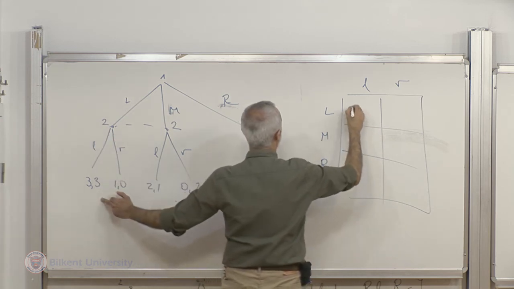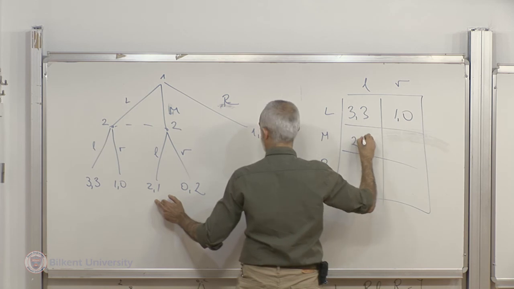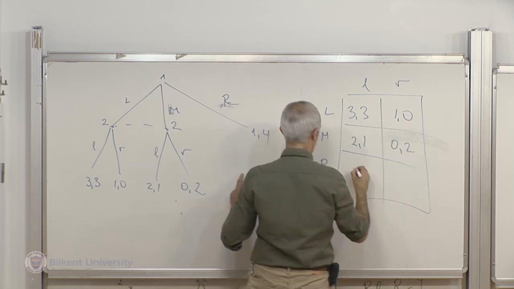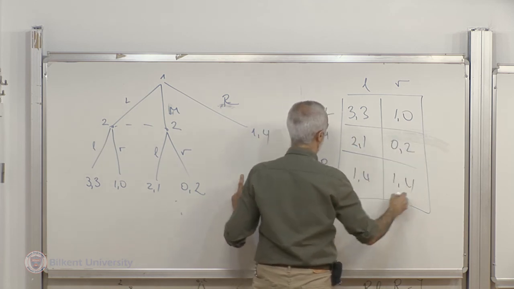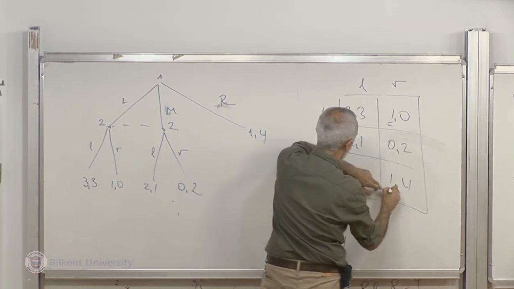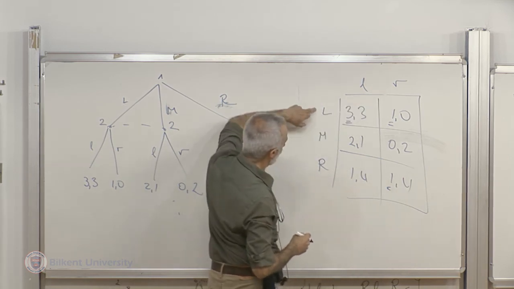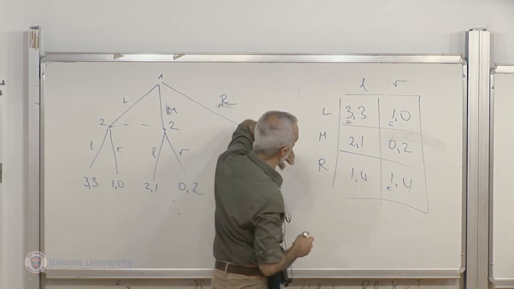So what will it be? Mark the best responses. That's a best response of player 1. These are best responses. So L and R are best responses to small r. Capital L is a best response to small l.